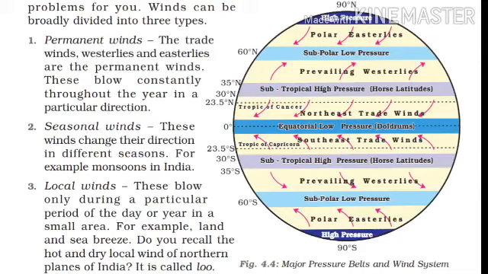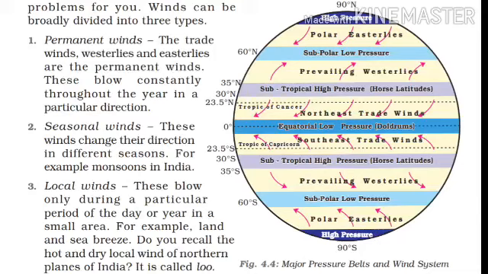They blow from the northeast in the northern hemisphere and from the southeast in the southern hemisphere. So these are called polar winds. Since these winds originate in the polar regions, they are extremely cold, as we have studied about the distance from the equator to the pole.